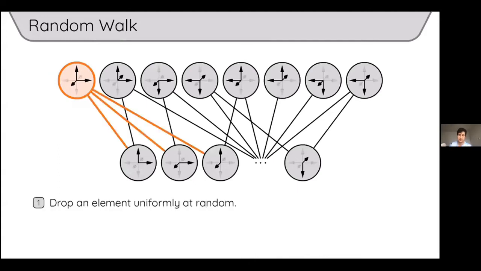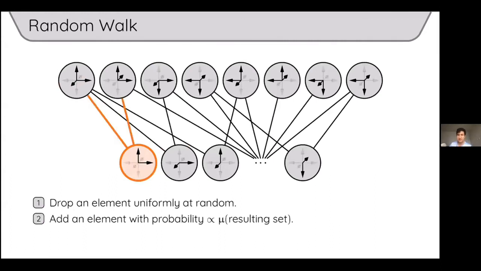That takes you to one of these 3 places. Once you are at one of these k minus 1 size sets, you go back up by adding another element. This time you do it with probability proportional to the weight of the resulting set, or whatever your distribution tells you. So each step of this random walk is the combination of these 2 steps, 1 and 2.